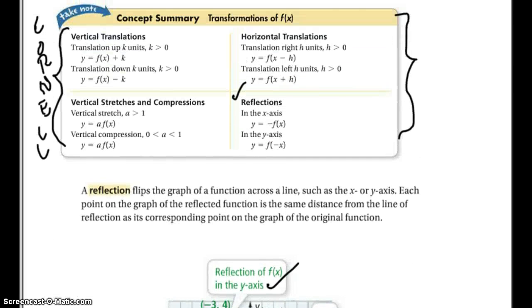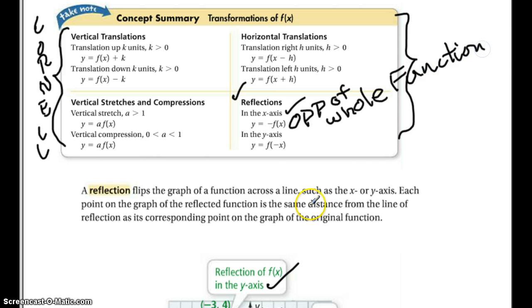As a matter of fact, let's go back up here and talk about that. The reflection over the x-axis, you're taking the opposite of the whole function. The reflection over the y-axis, you're just taking the opposite of the x value.